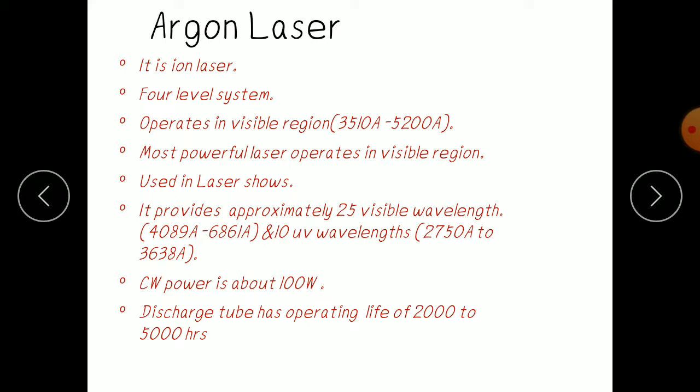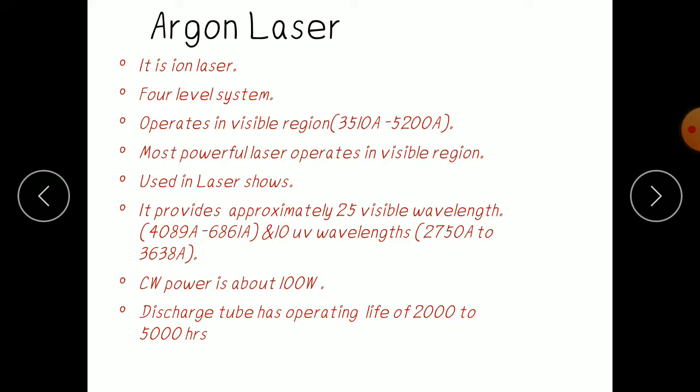This is the most powerful laser operating in the visible region, and the output power is about 100 watt. This laser is widely used in laser shows, which we see in different regions.